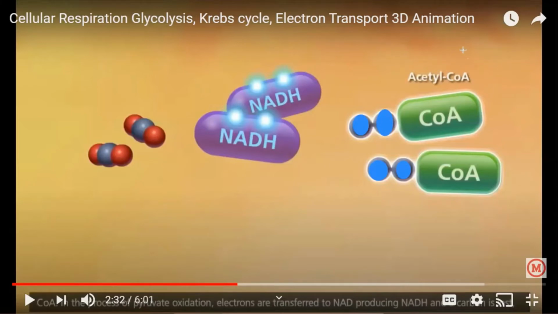So acetyl-CoA assists the entry into the Krebs cycle. Before the Krebs cycle starts, pyruvate must be converted into acetyl-CoA. As a result, 1 carbon is broken away, and in the presence of oxygen, carbon reacts with oxygen to produce carbon dioxide.